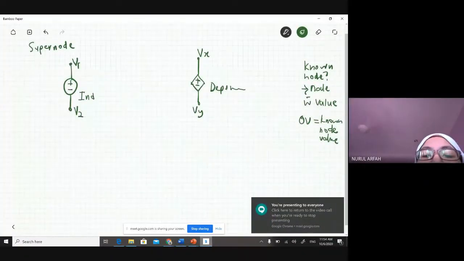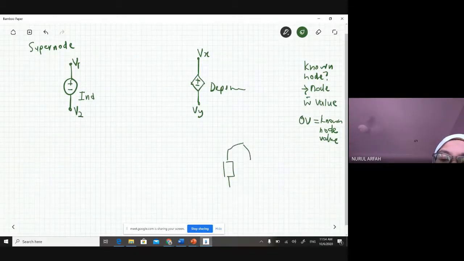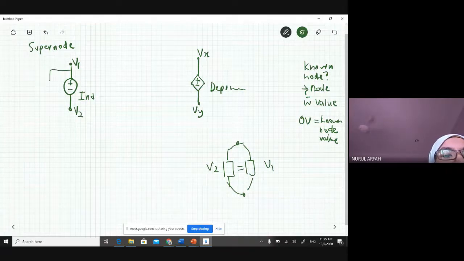But bear in mind, since we know that if an element is connected in parallel to another element, it should have the same voltage, V1 here same as V2 here, right? So if these voltage sources, dependent or independent, are connected in parallel with some other element, then we need to consider that parallel element as part of your supernode.